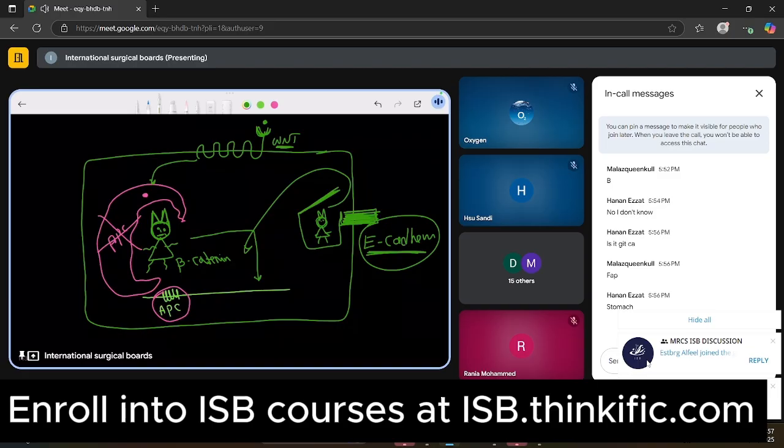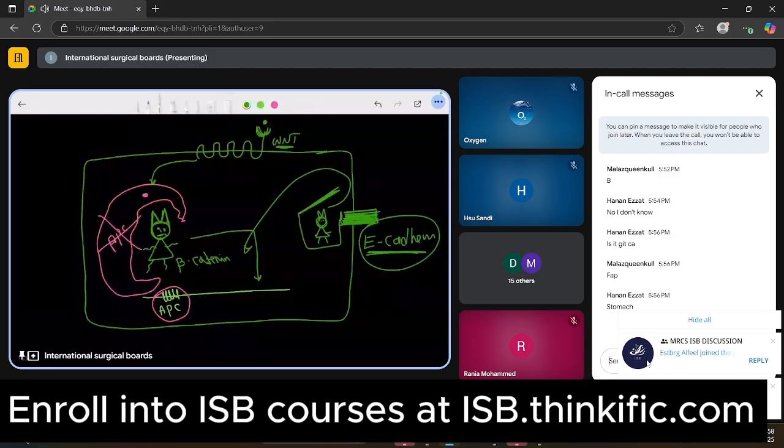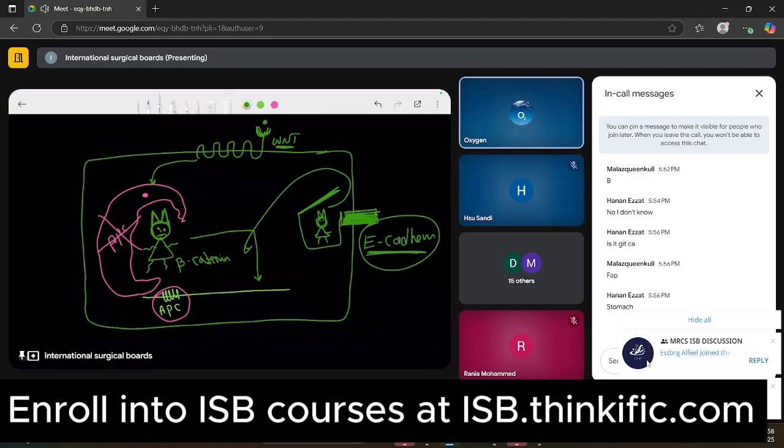E-cadherin does not break it, E-cadherin just sequesters it. APC mutation usually causes colorectal cancer. E-cadherin mutation usually causes gastric or esophageal cancer. Are we clear on these points? Yes, that makes sense. Thanks.